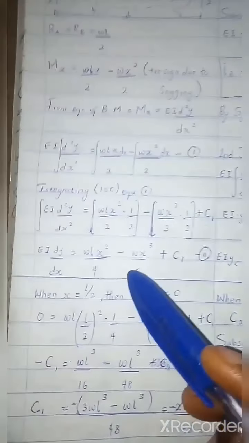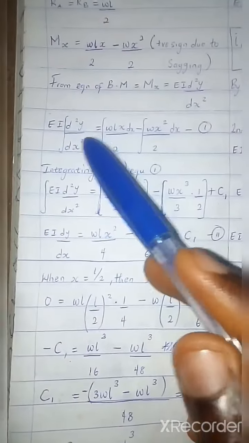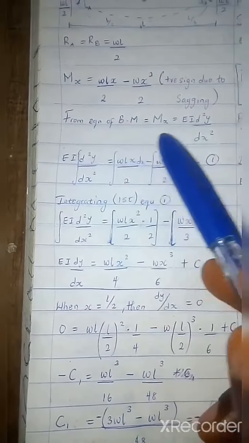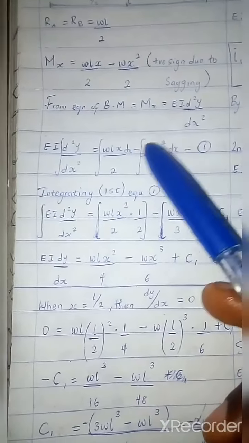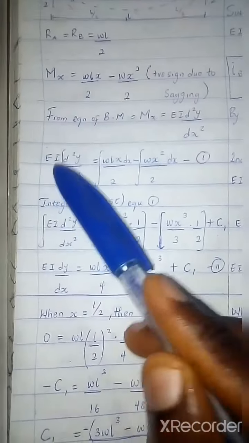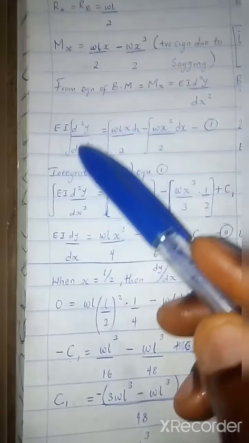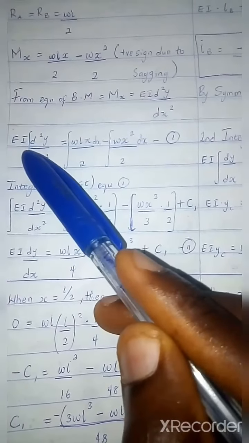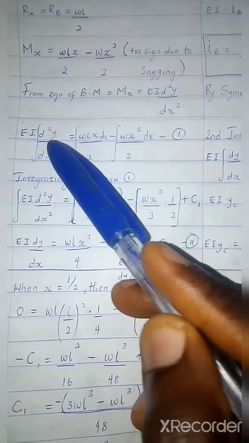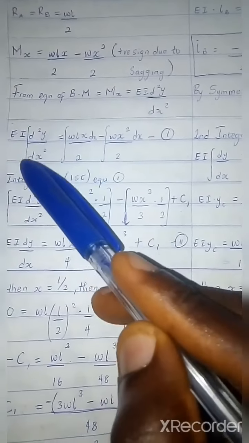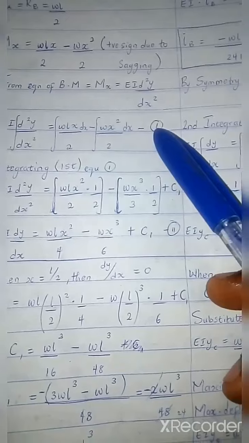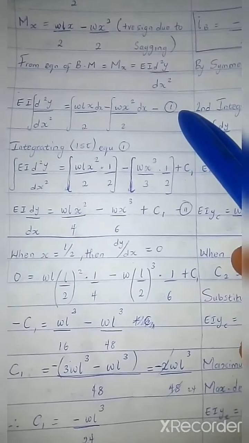So we proceed. When you input it, though I skipped some steps here, you resolve it, then you do your first integration. When you integrate, you have EI d²y over dx² equals the expression, equation 1.